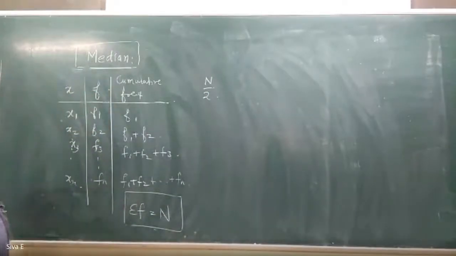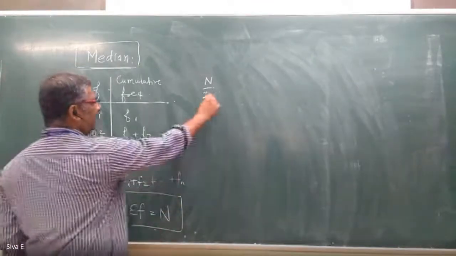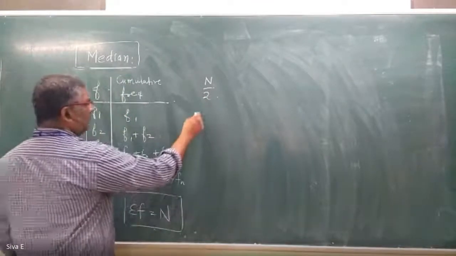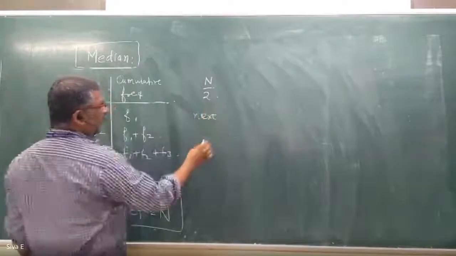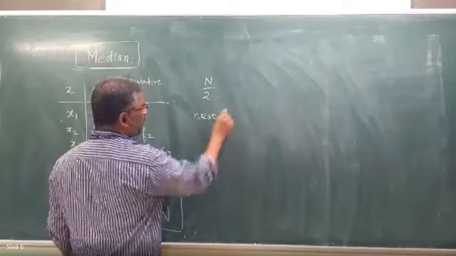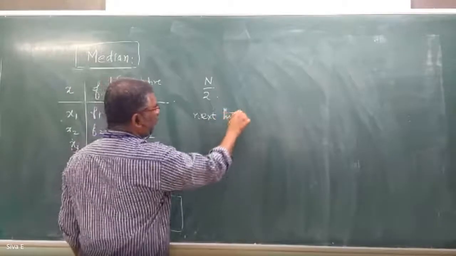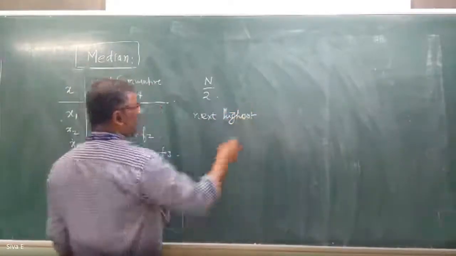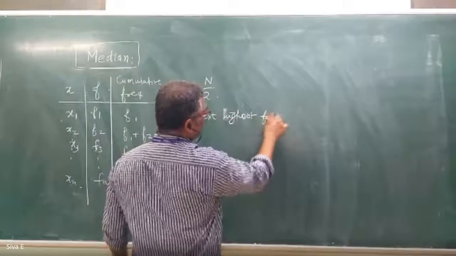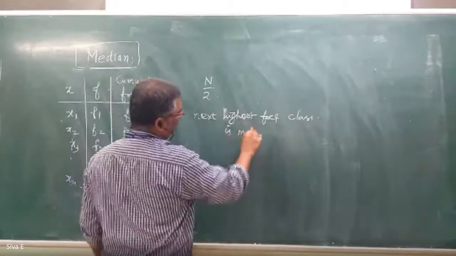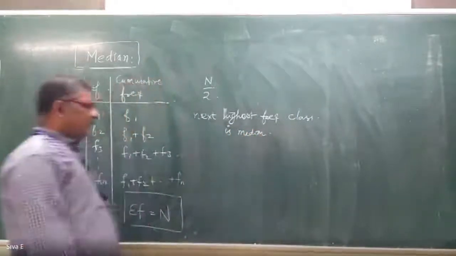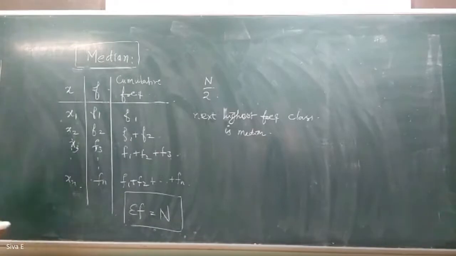After finding N by 2, you have to find the next highest cumulative frequency item or class, which is the median. For example, write the example for this.